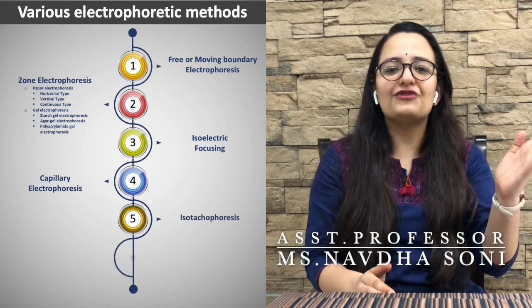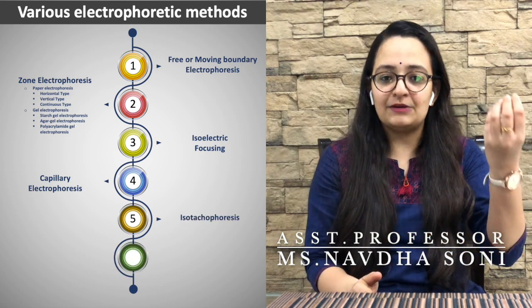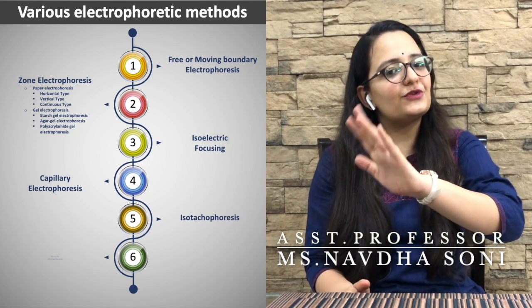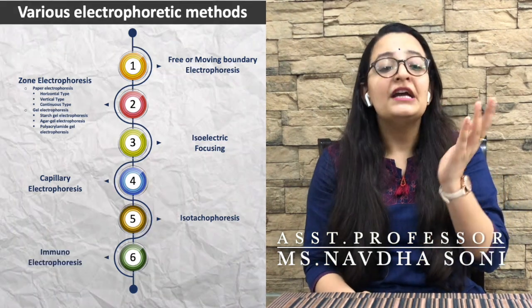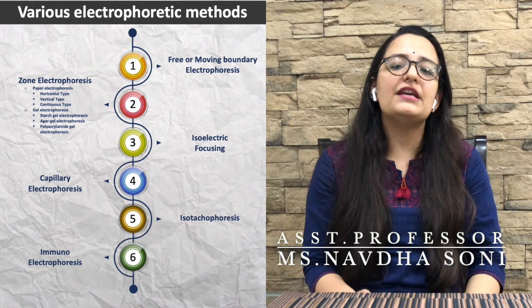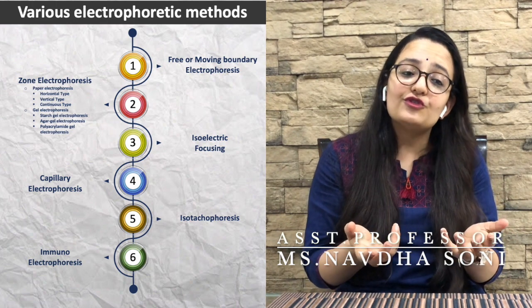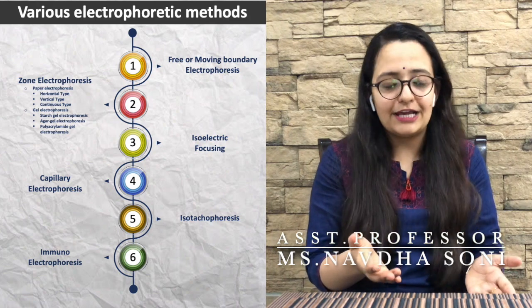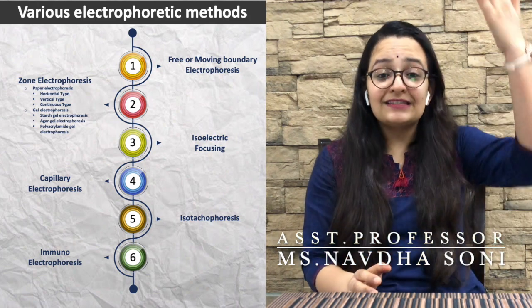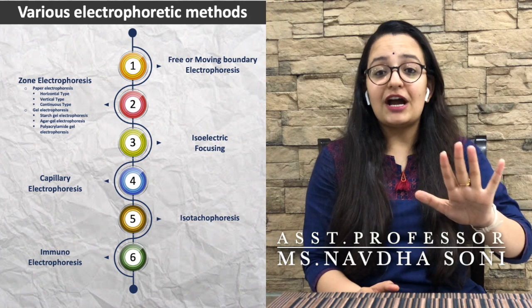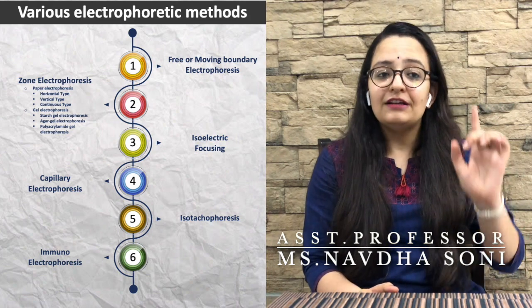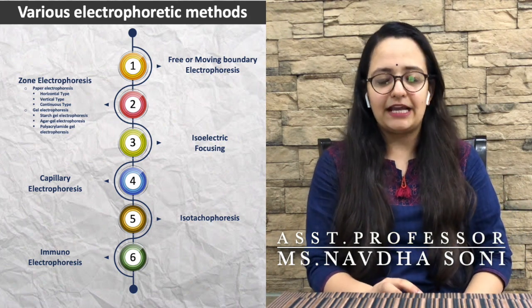In paper electrophoresis, the supporting medium is paper. In gel electrophoresis, the supporting medium is gel. The third is isoelectric focusing, then capillary electrophoresis, isotachophoresis and immunoelectrophoresis. So these 6 methods are very essential in the electrophoresis technique.